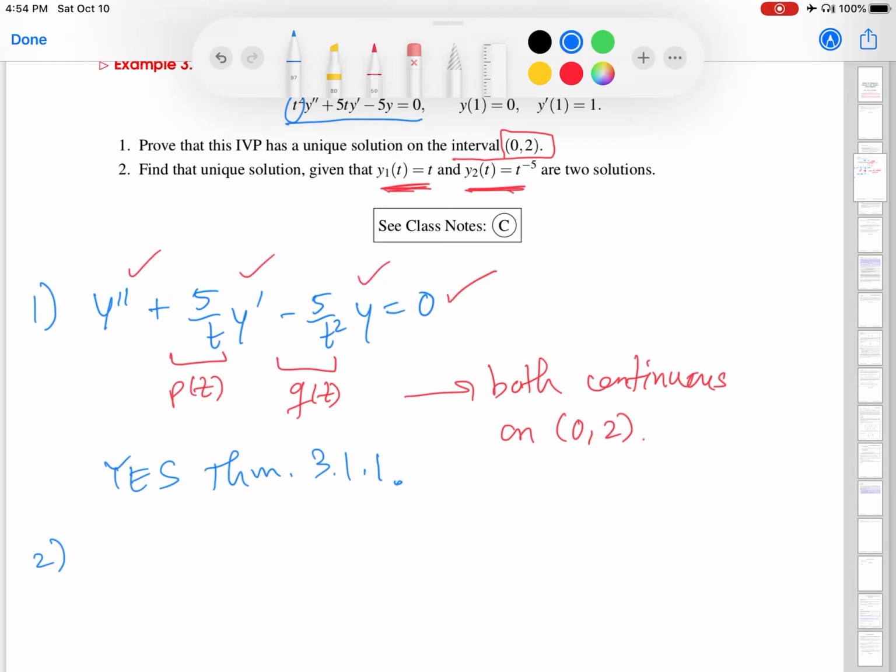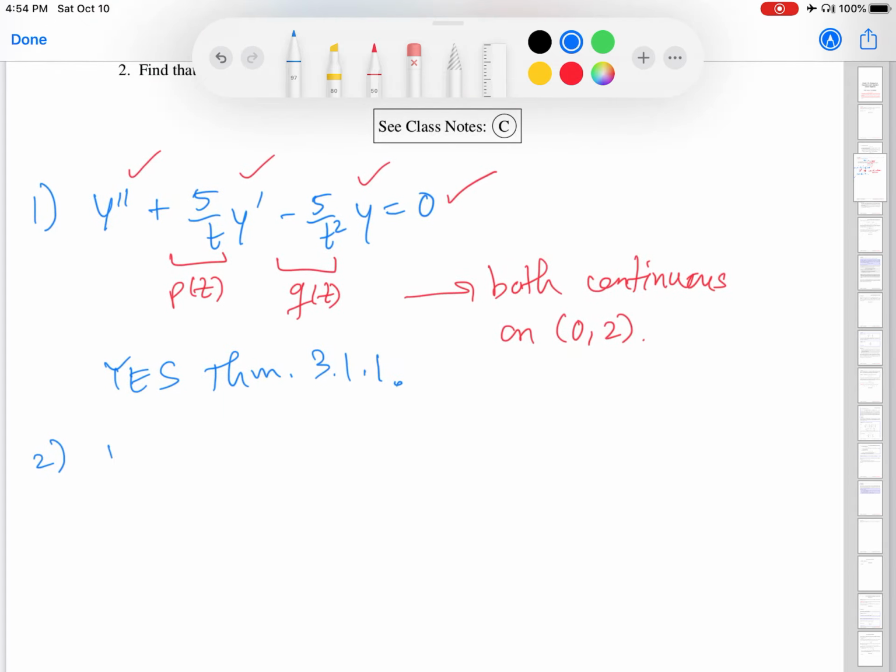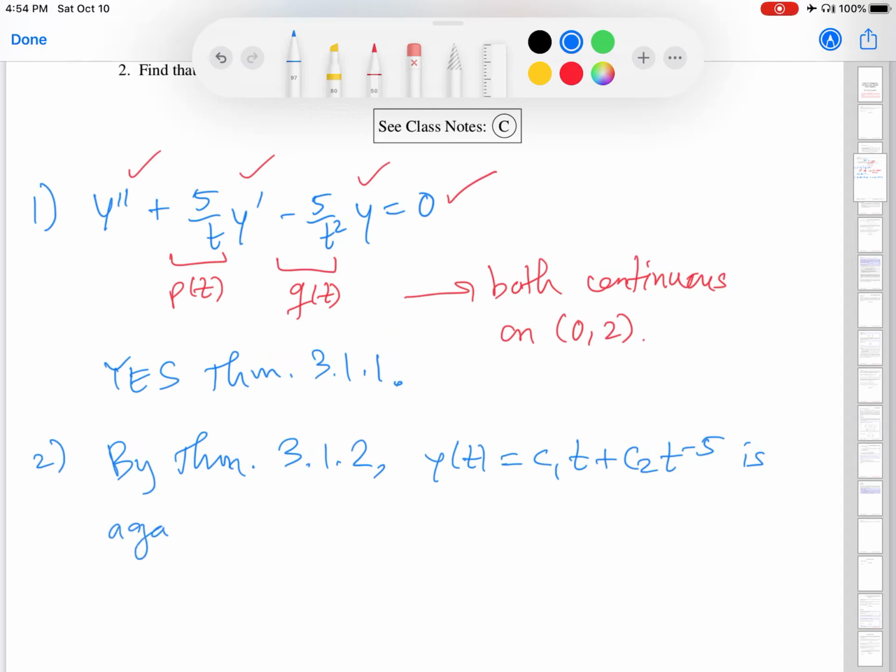So by theorem 3.1.2, the linear combination of these two solutions, t and t to the minus 5, is again a solution.